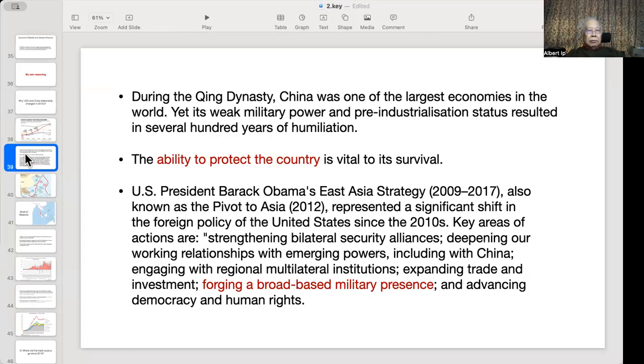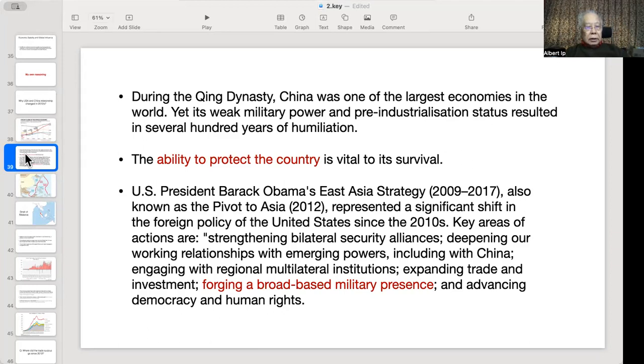The key areas of this pivot to Asia include strengthening bilateral security alliances, deepening our working relationships with emerging powers, including with China, engaging with regional multilateral institutes, expanding trade and investment, and most importantly to the Chinese leadership, forging a broad-based military presence and advancing democracy and human rights.